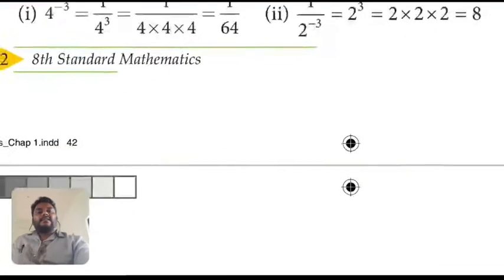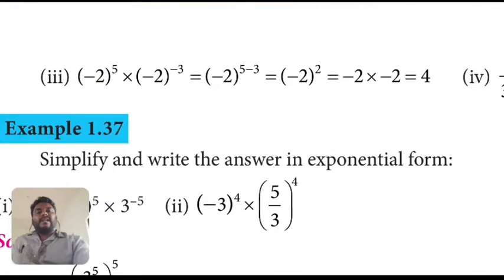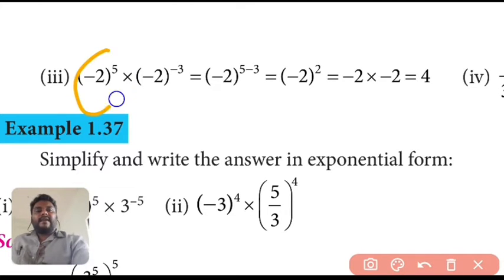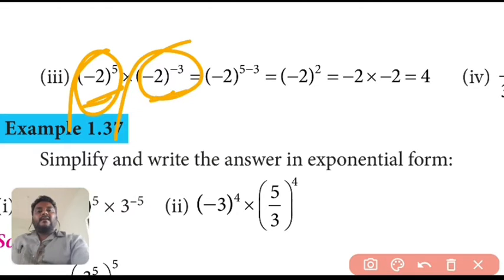Next, the third one: minus 2 power 5 into minus 2 power minus 3. The bases are equal, so this is in the form of the product law. So here I am using the product rule. What is the product rule in multiplication?